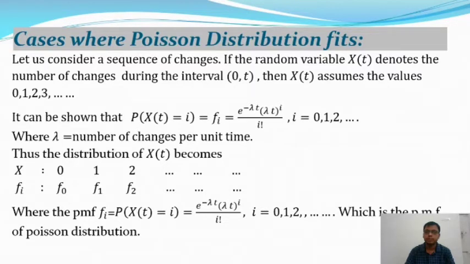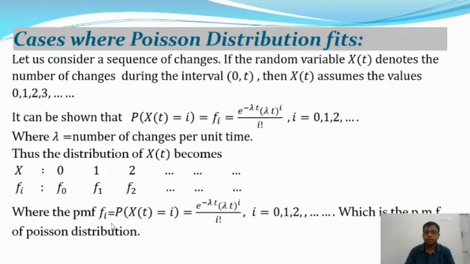The first one is probability X equal to i, where X is the random variate, and it equals e to the power minus mu into mu to the power i by factorial i, where mu is the parameter. But in that slide we see that X of t is the random variable, and it is the number of changes during the interval 0, t.